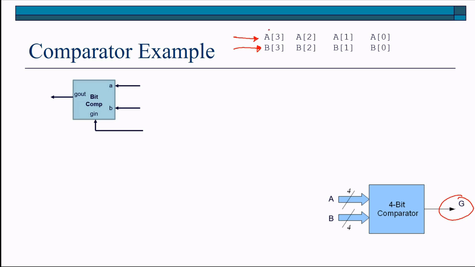To begin, we'll use our single bit comparator to compare these 2 bits using the result from comparing the previous 3 bits of A and B. So we'll feed in A bracket 3 and B bracket 3 into this 1-bit comparator. And we'll feed the result of comparing these 3 bits with these 3 bits to GN.